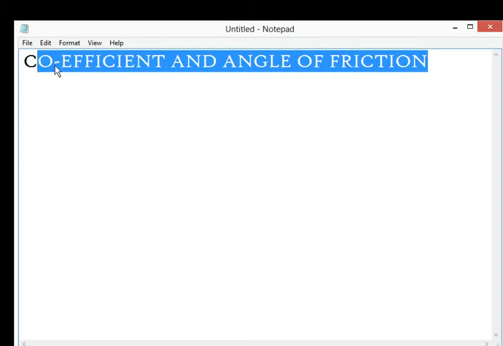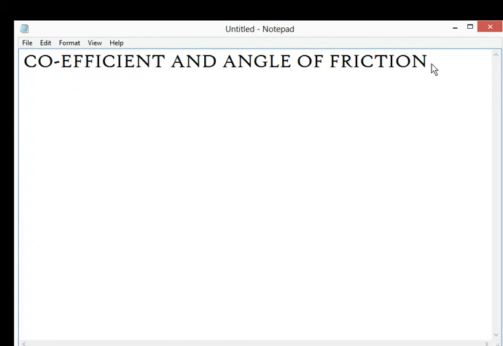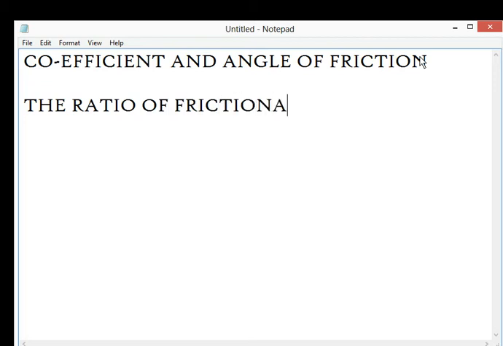So the coefficient of friction is mainly defined as the ratio of frictional force to the normal reaction.